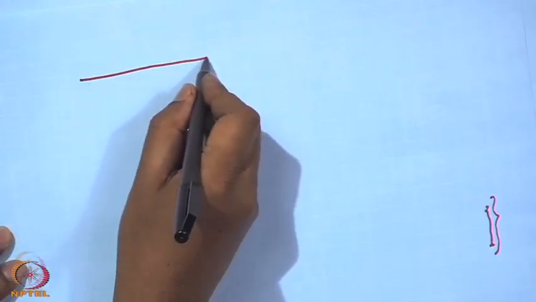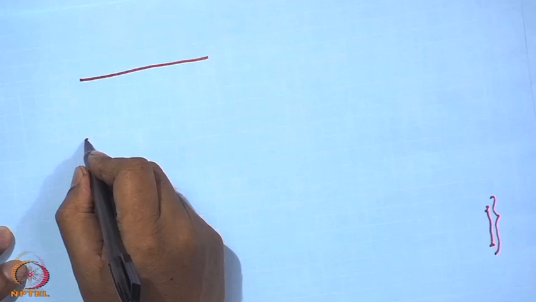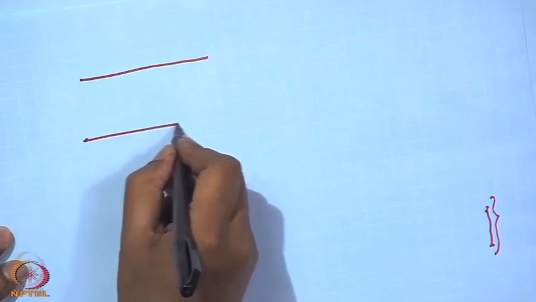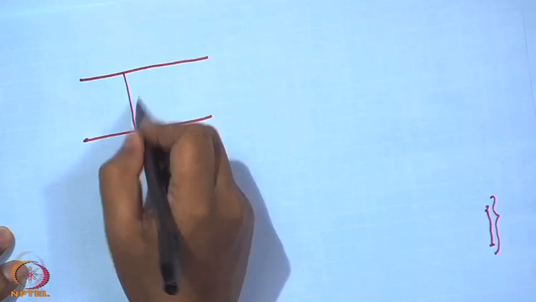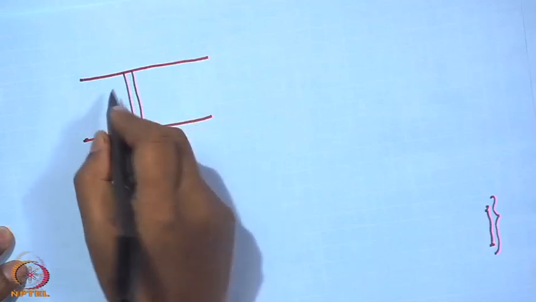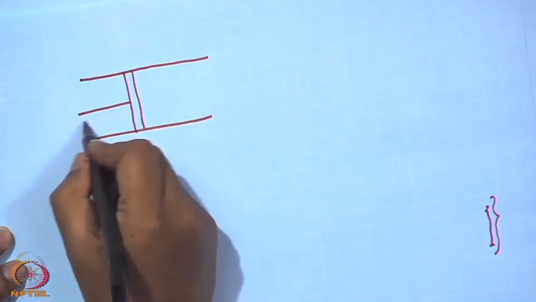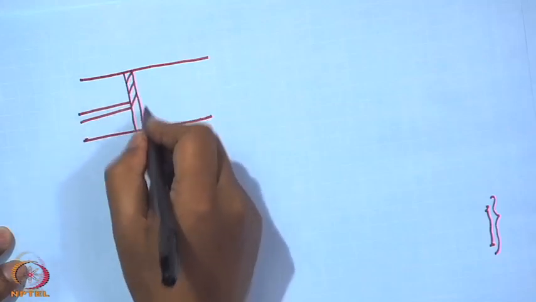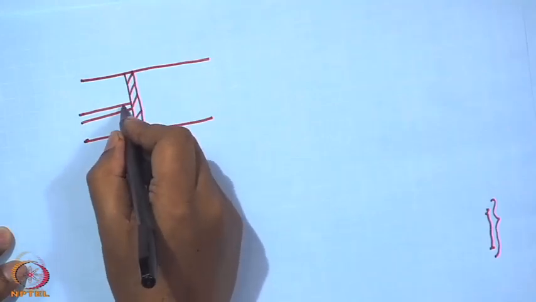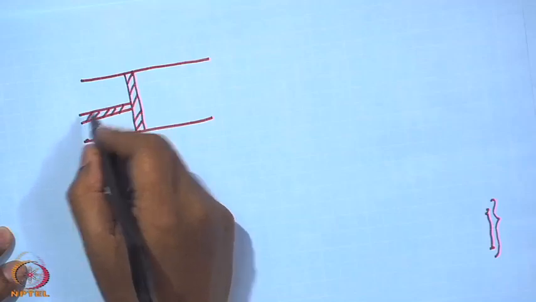Let us say that we have a duct in which there is a piston.